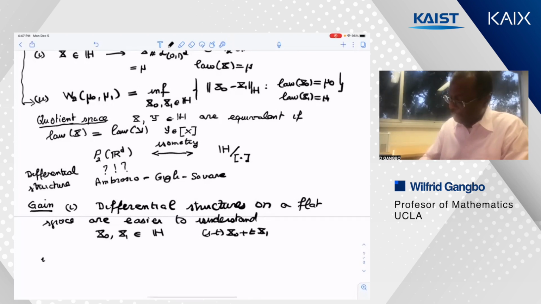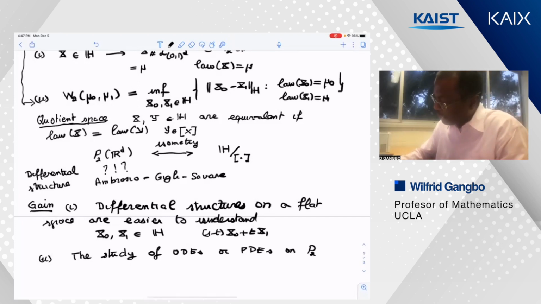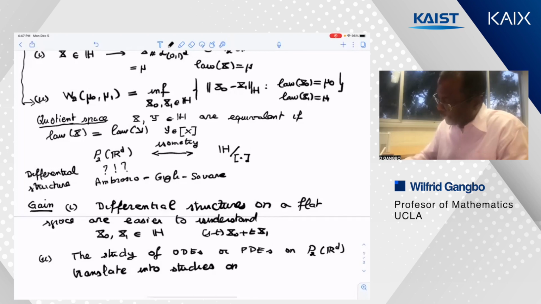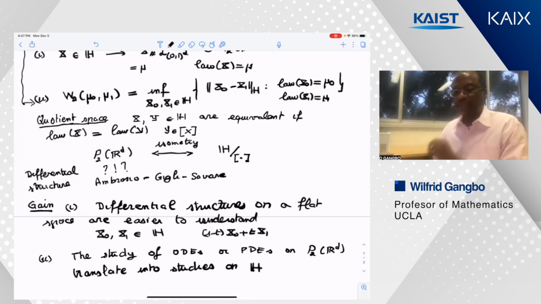Another gain is that the study of ODEs or PDEs on the set of probability measures of finite second moment translates into studies on the flat space H.